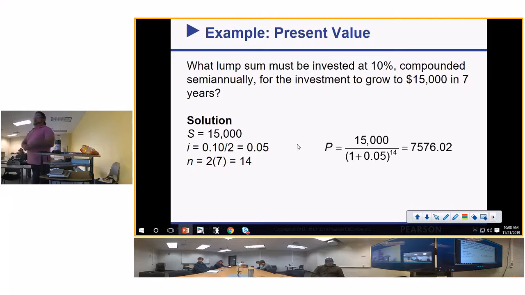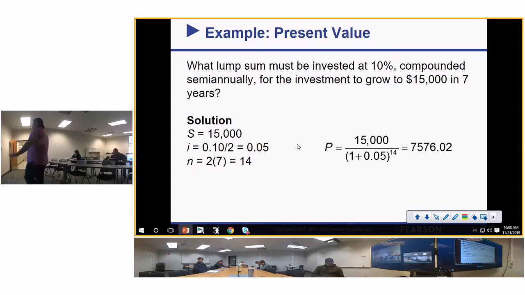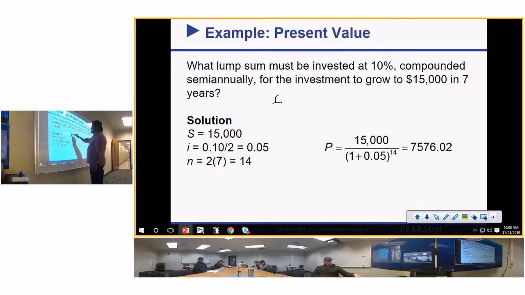So first thing I'm going to do is figure out R. R over N, that's I. So R is equal to 0.10 divided by 2, and that's going to be 0.05.